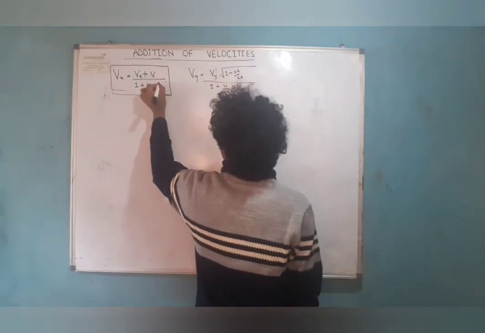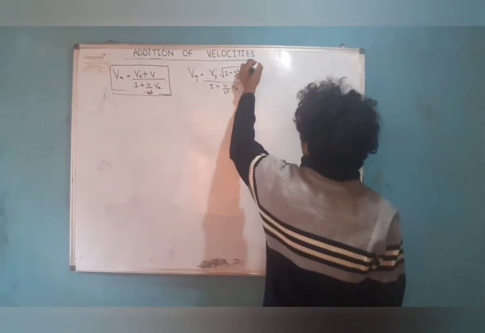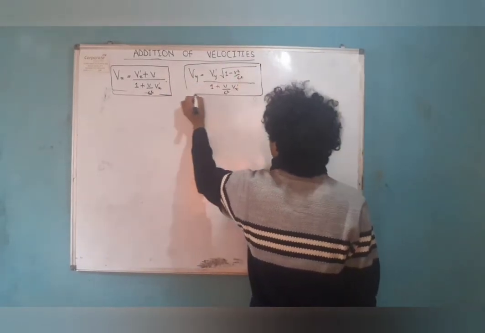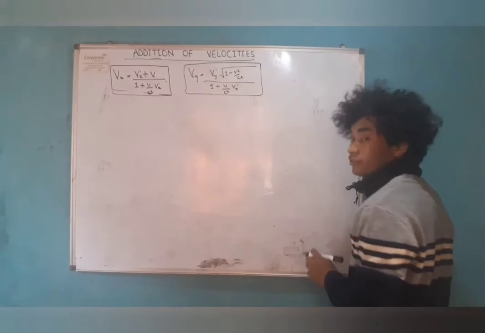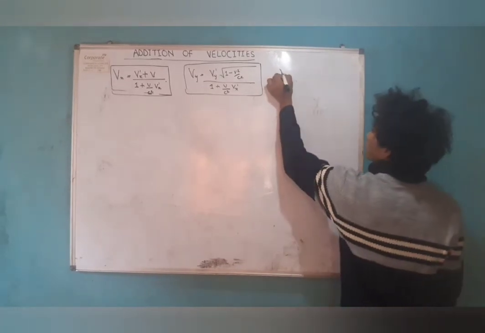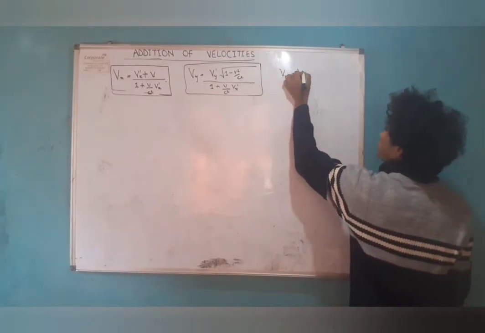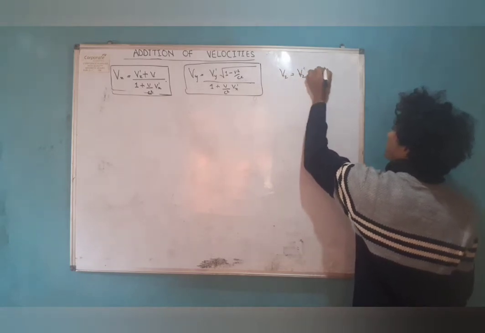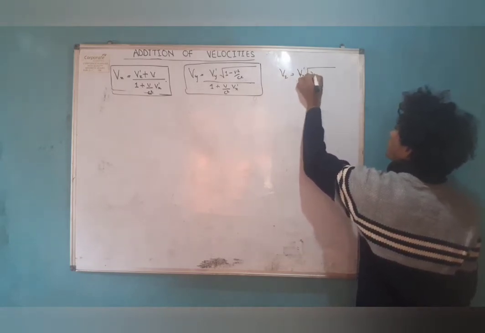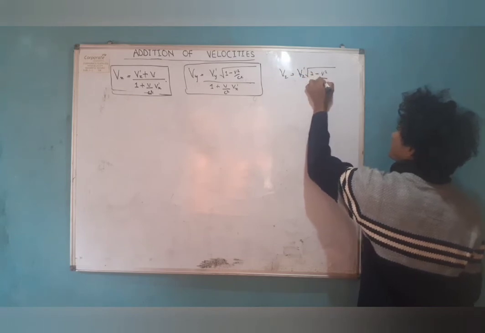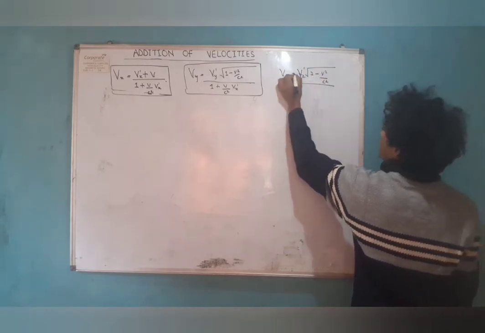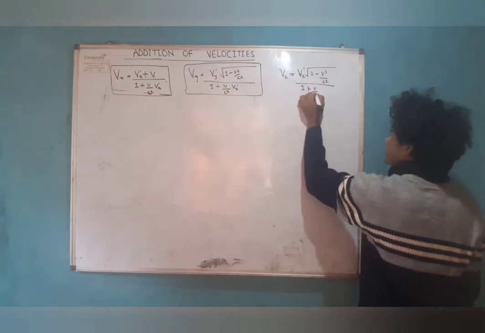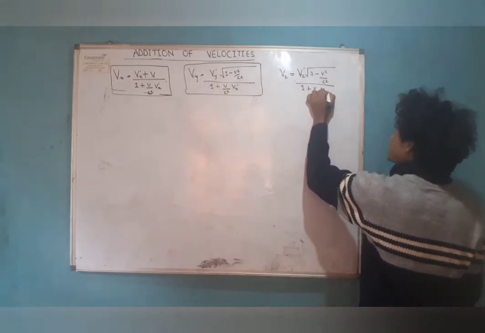Along the y-axis, Vy equals Vy prime root over 1 minus V square by c square, divided by 1 plus V by c square Vx prime. Along the z direction, Vz equals Vz prime root over 1 minus V square by c square, divided by 1 plus V by c square Vx prime.